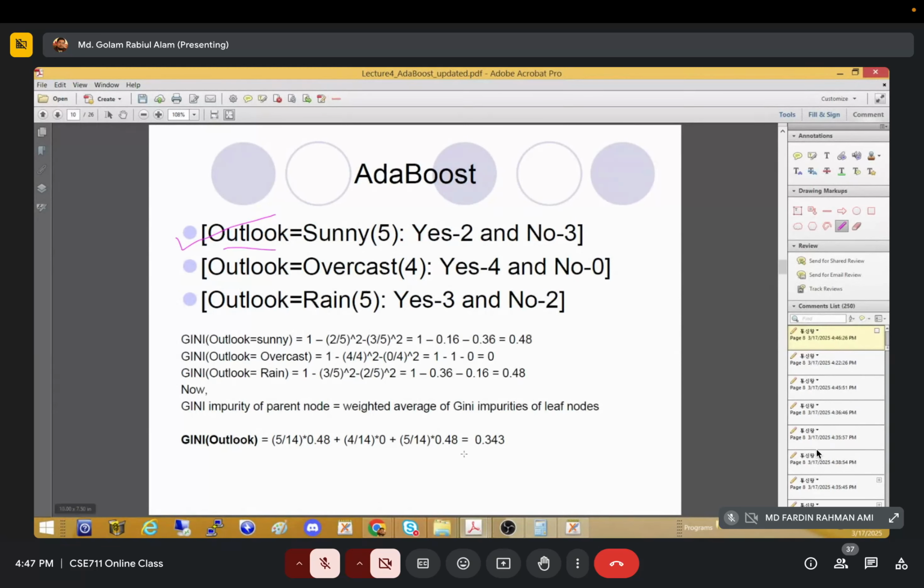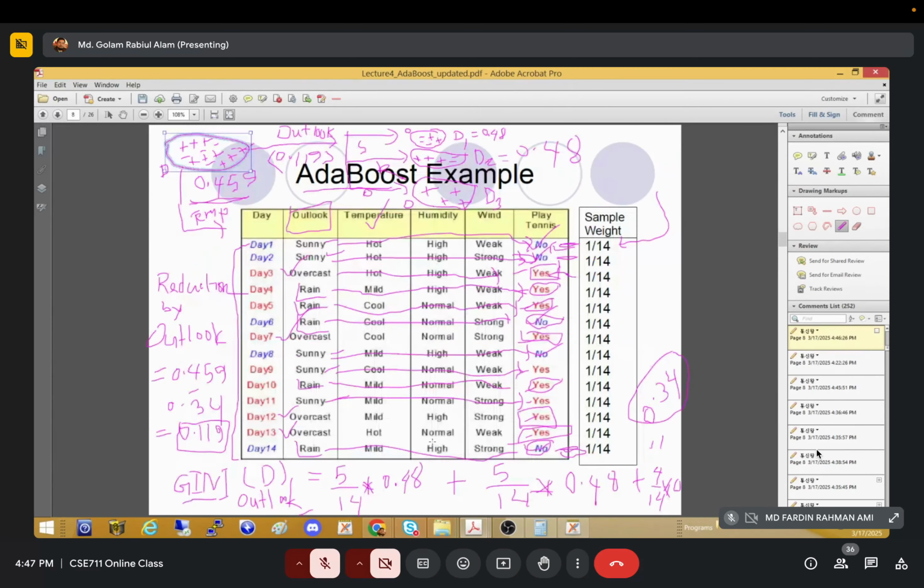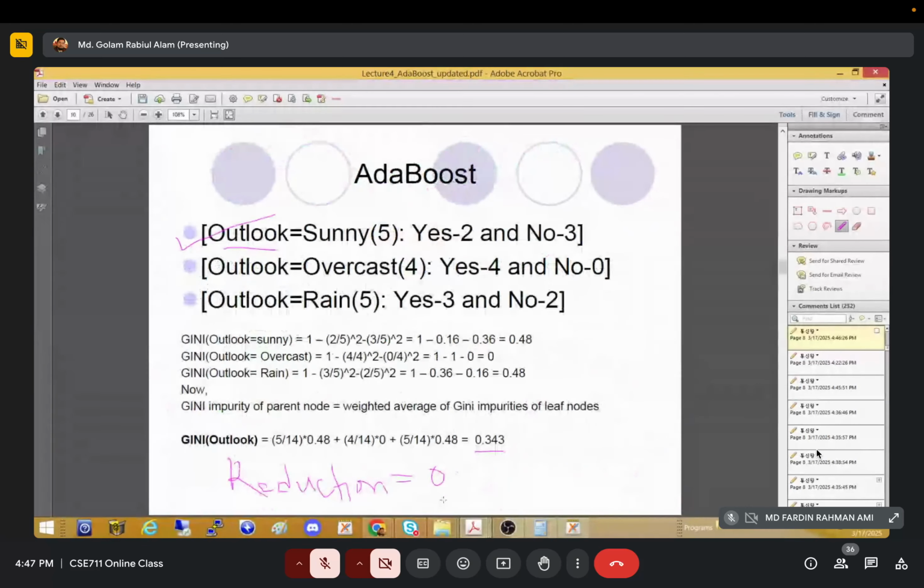For the case of the outlook, you can see 0.343 is the induced Gini, and the reduction we have already computed, 0.459 minus 0.34, and we have already computed this one as 0.119.